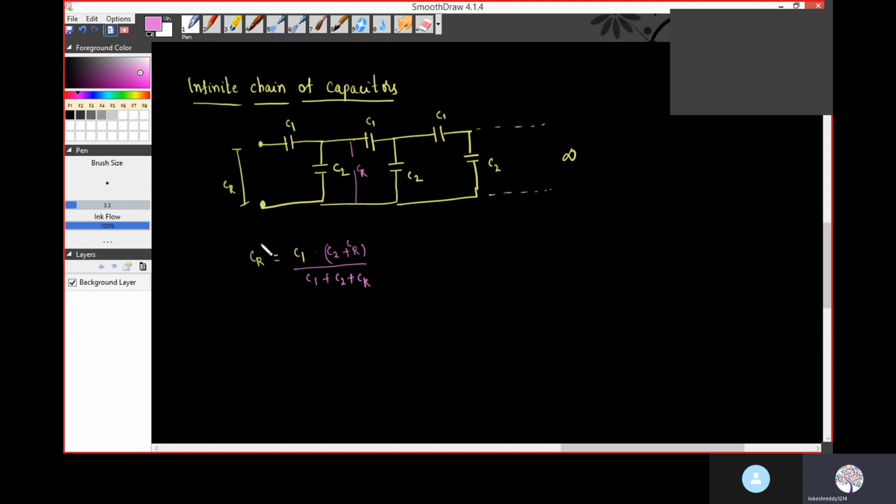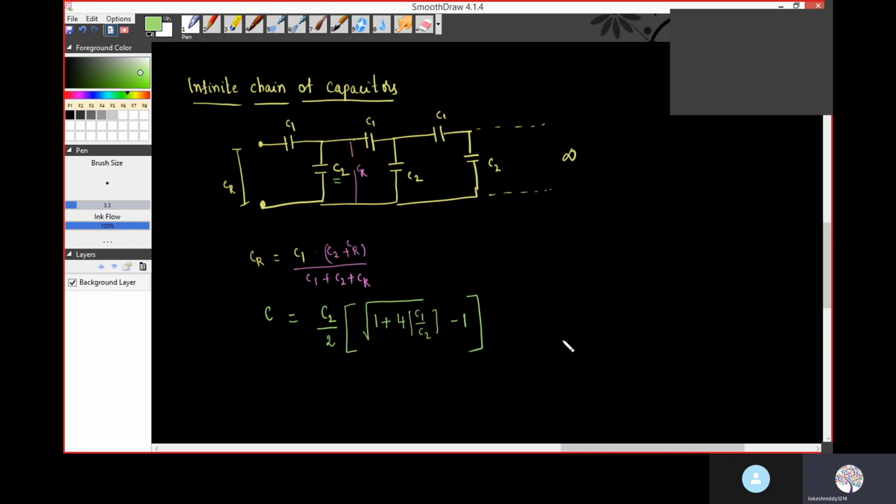So I will give you a shortcut formula for this. Remember this one: the effective capacitance C is equal to C2 by 2, bracket start, square root of 1 plus 4 into C1 by C2, minus 1.